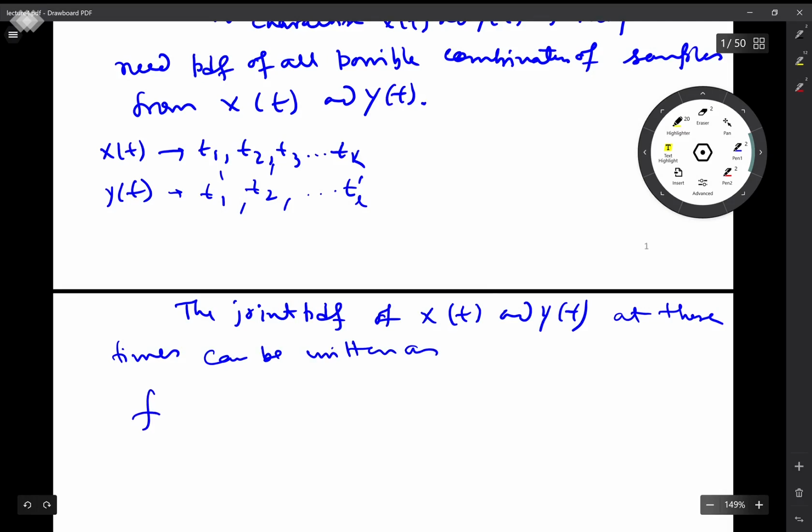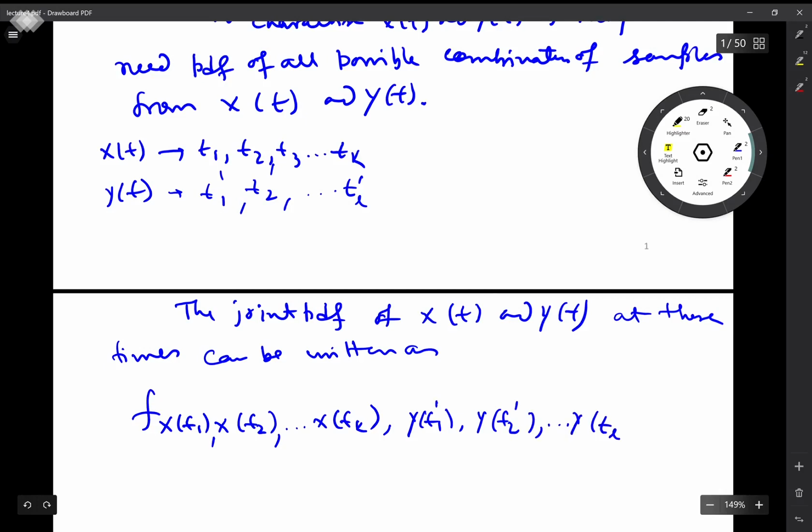It can be written as f of xt1, xt2, up to xtk, and yt1 dash, yt2 dash, up to ytl dash, at x1, x2, up to xk, comma y1, y2, up to yl.